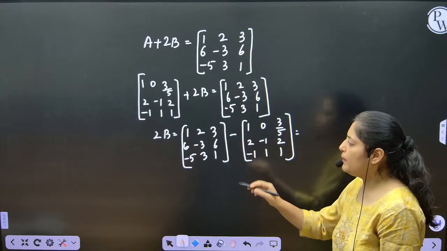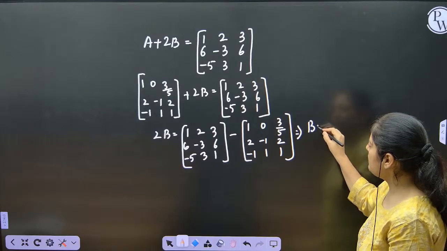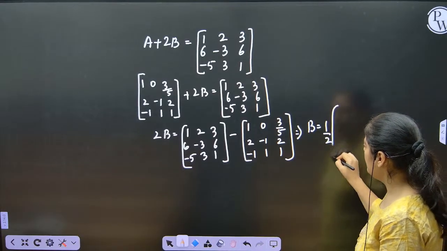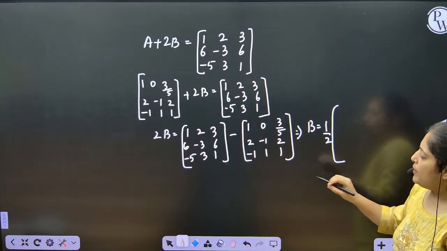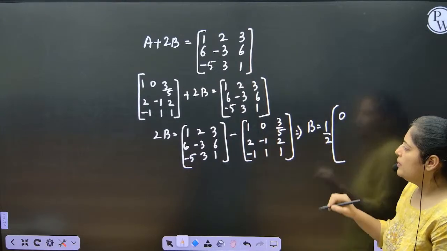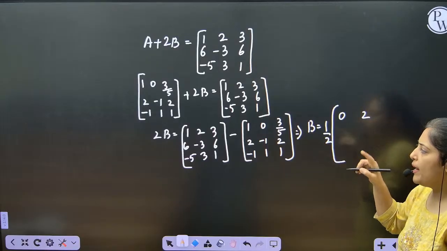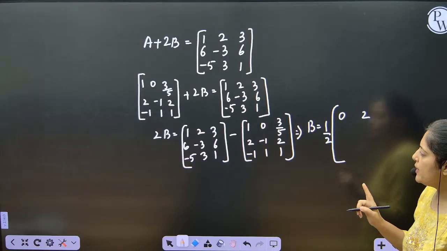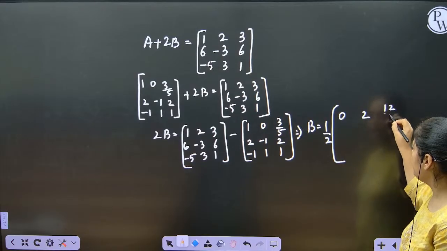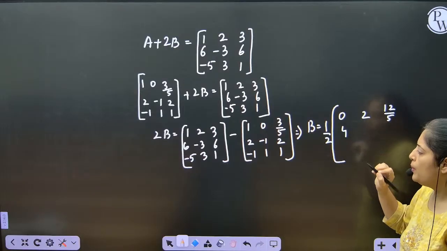So this is nothing but twice of B. This implies B is nothing but half of this full matrix. 1 minus 1, it will become 0. 2 minus 0, it will become 2. 3 minus 3 by 5, 15 minus 3, 12 by 5. 6 minus 2, 4.